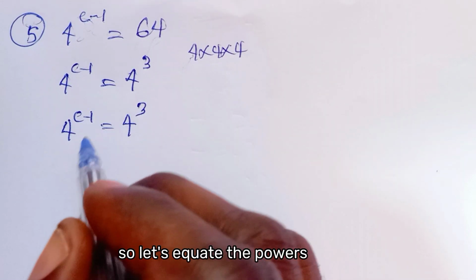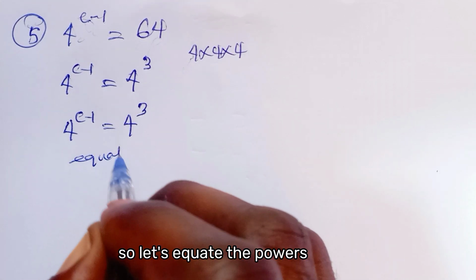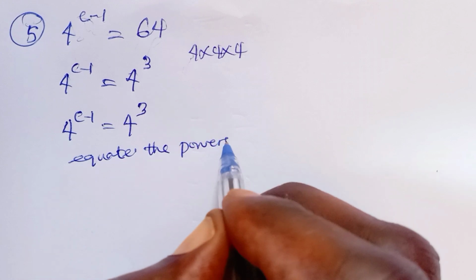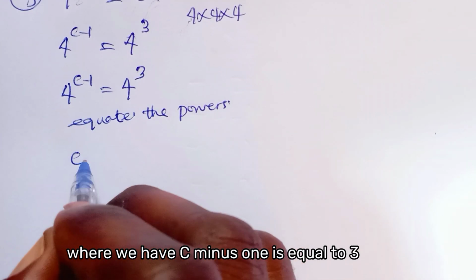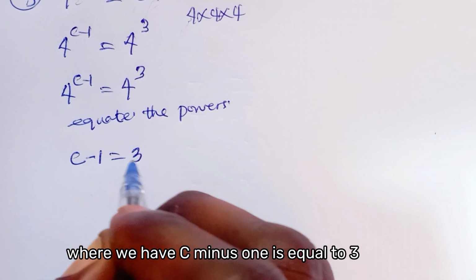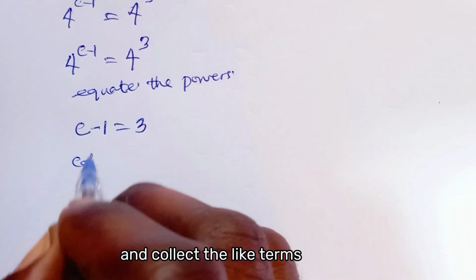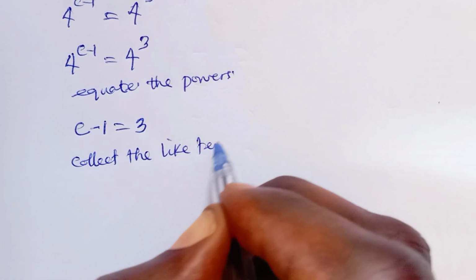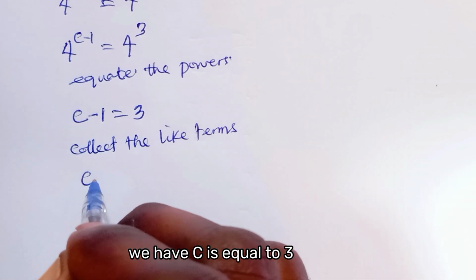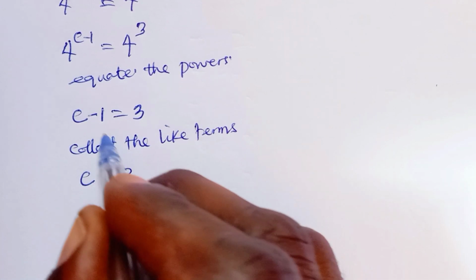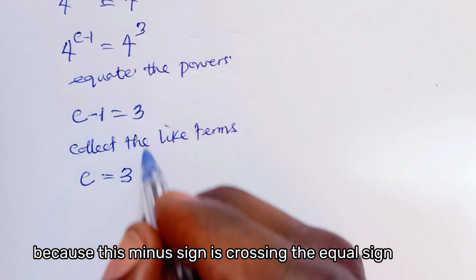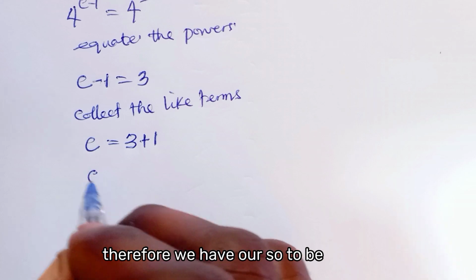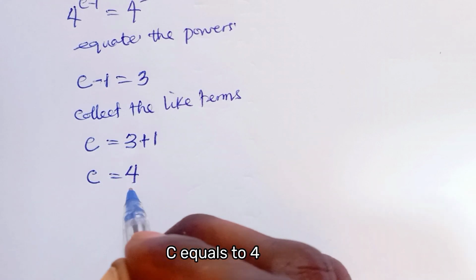We have the same base, so let's equate the powers. Where we have c minus 1 is equal to 3, and collect the like terms. We have c is equal to 3 plus 1, because this minus sign is crossing the equal sign, it will change to positive. Therefore, we have our answer to be c is equal to 4.